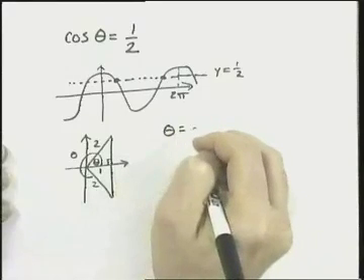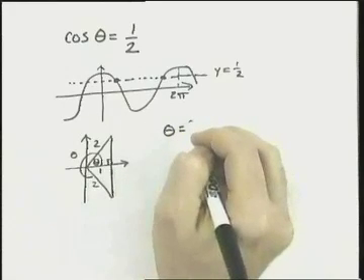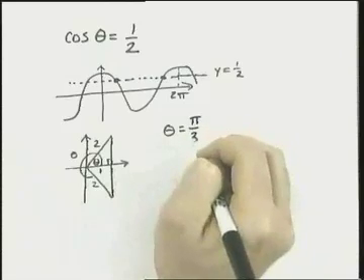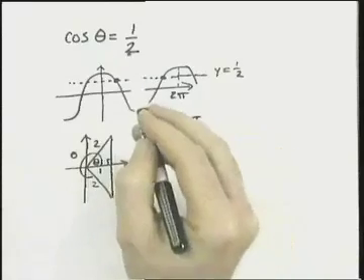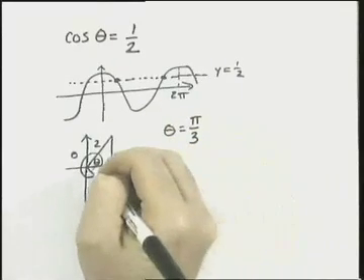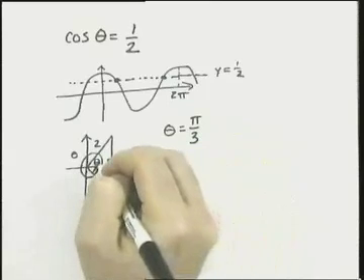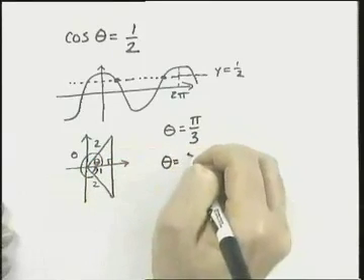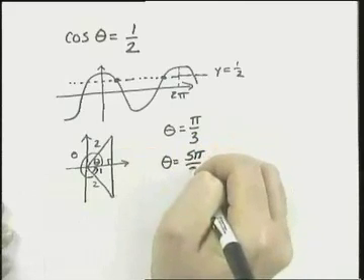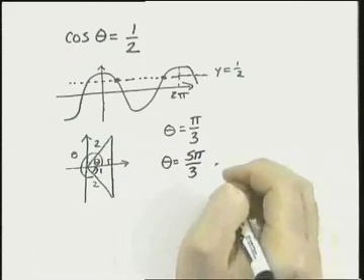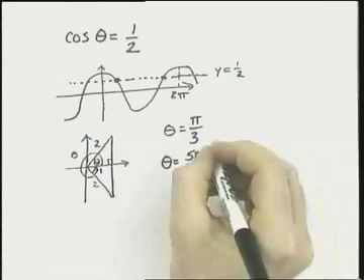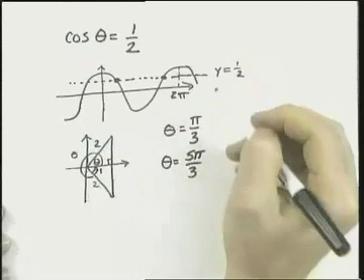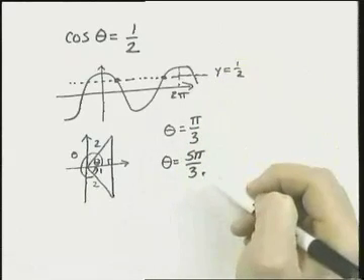In the first quadrant, the angle theta is going to be pi over 3, because the cosine of pi over 3 is 1/2. That would make this reference angle pi over 3, which would make the angle in the fourth quadrant equal to 5 pi over 3.